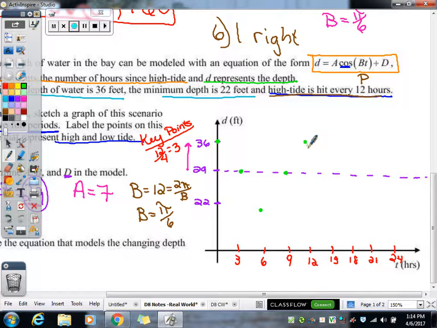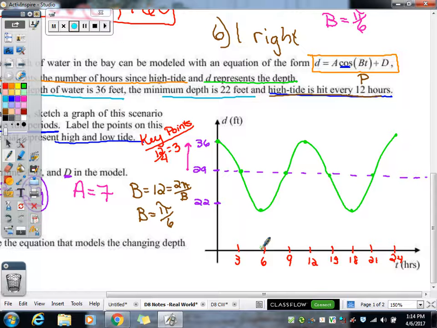And then let's repeat. So then at 15, midline. 18, I'm at my low of 22. My midline. And then 24. So there's my cosine curve.